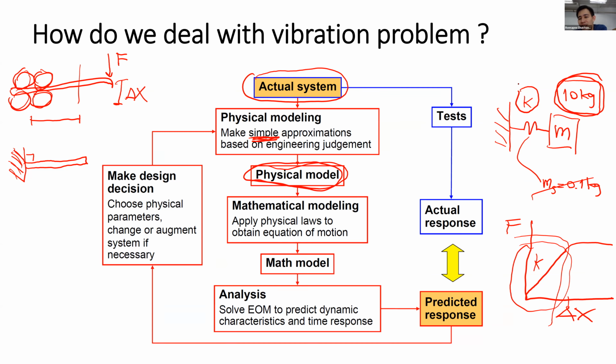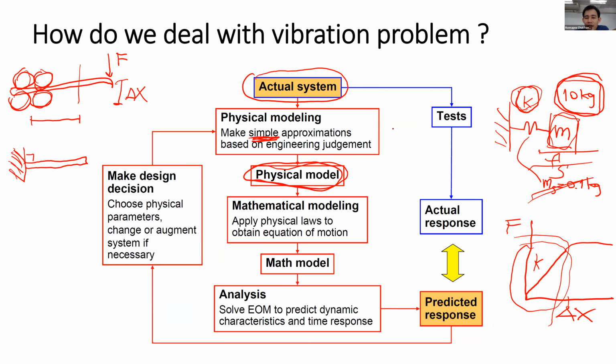To make the system easy and simple, we consider only the mass of the inertia component. We neglect the mass of the spring. We assume a constant stiffness spring. We also neglect the friction.